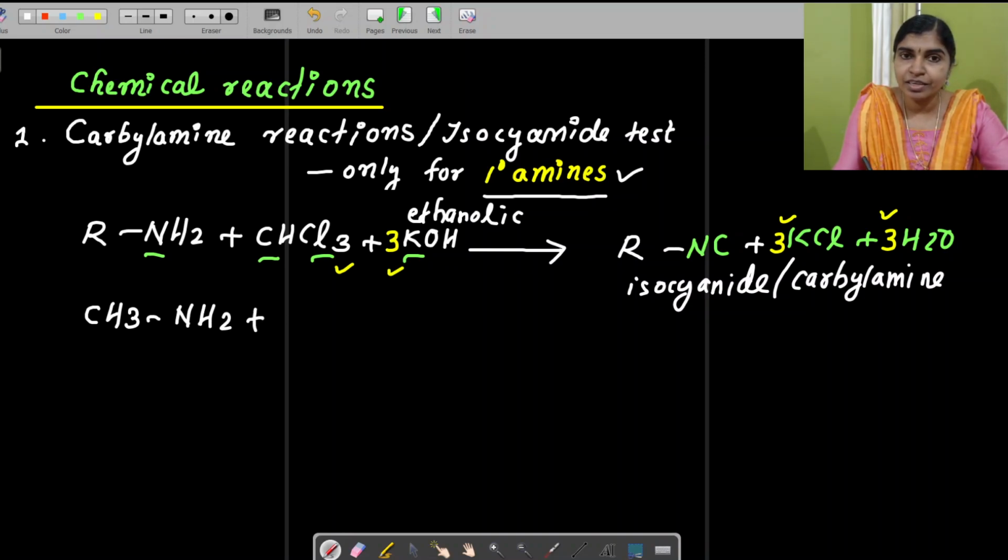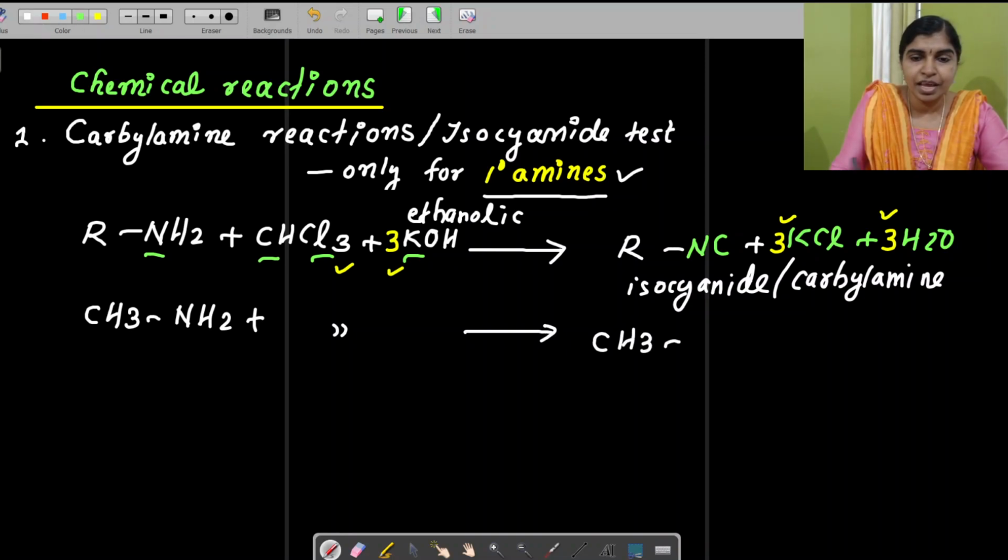So when it reacts with chloroform and ethanolic KOH, can you predict the product obtained here? For this part there is no change, CH3 stays as it is. Then here there is N, and from the chloroform there is carbon, so they join together forming methyl isocyanide.